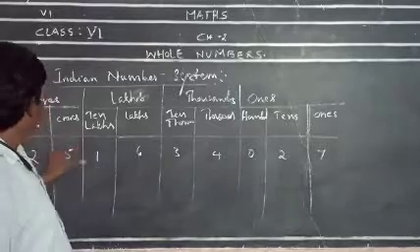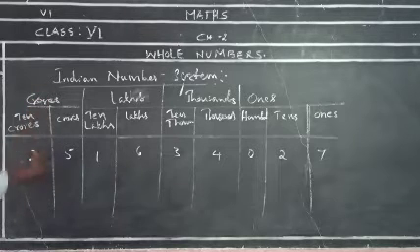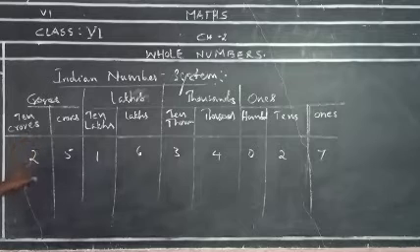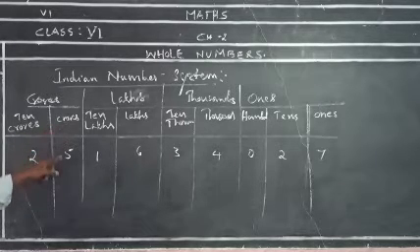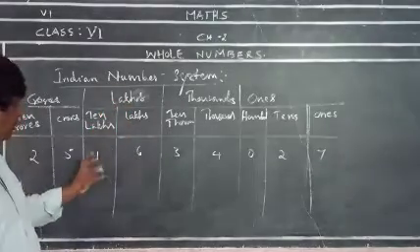Now coming to the crores place. In the crores how much number is there? 25. In the crores there are two digits. One is tens crores having digit 2, crores having digit 5. Like that, lakhs also has two digits.